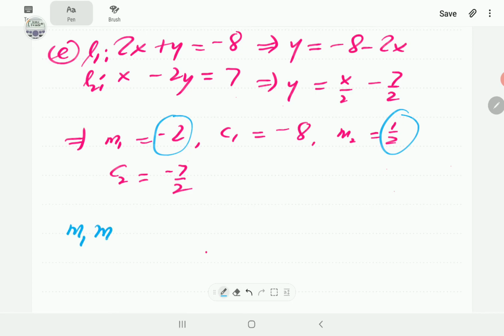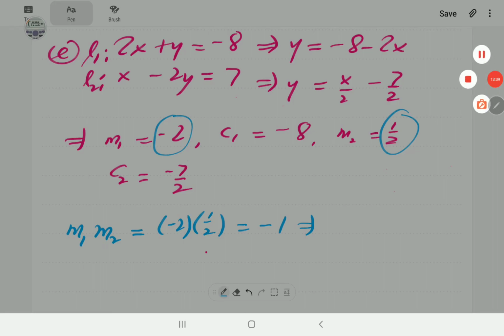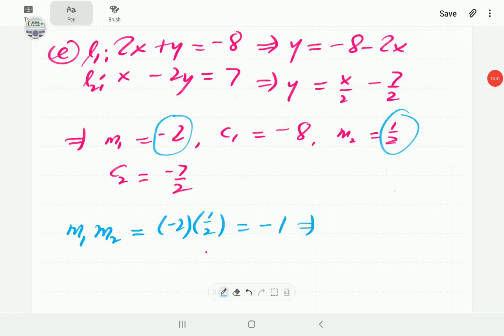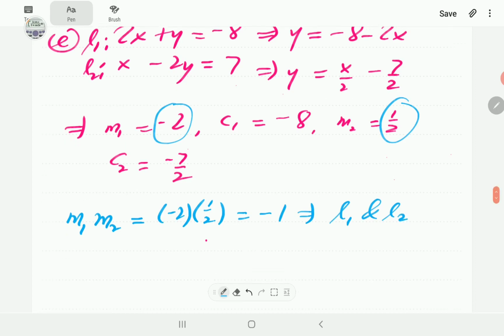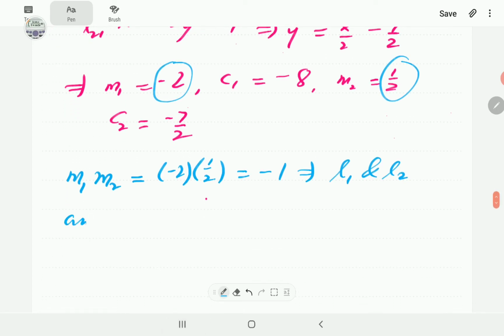But then we need to work out this product here. This product works out to -1. So since m1 m2 is equal to -1, the implication is that L1 and L2 are perpendicular.